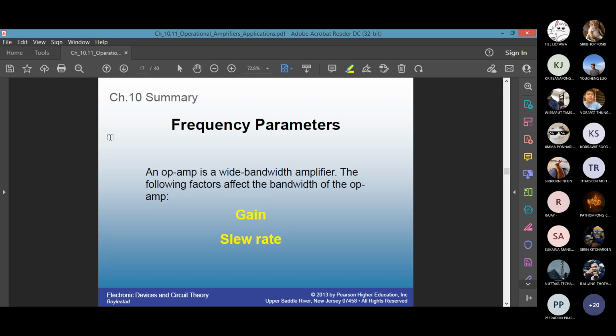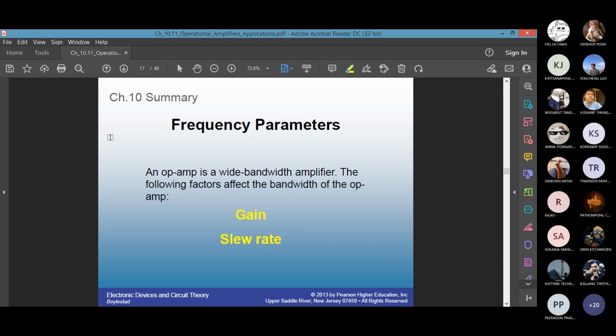There are 2 types of gain. One is the open loop gain, which can be 10,000, 20,000, 50,000, usually 5 digits. And the other one is called closed loop gain. Once you add the feedback path, the gain becomes much less. It doesn't become a few thousand, maybe it's 10, 25, something like that.